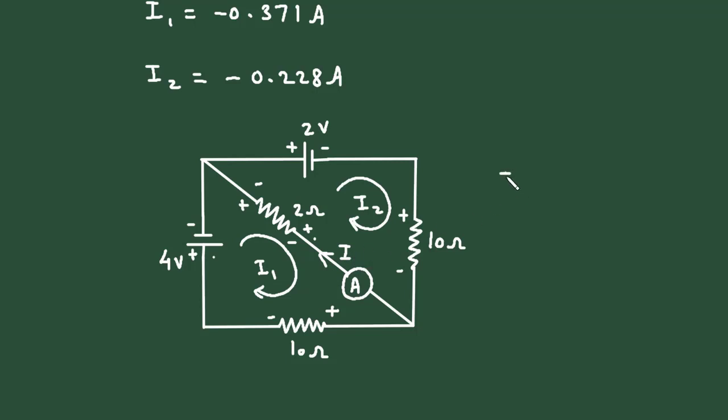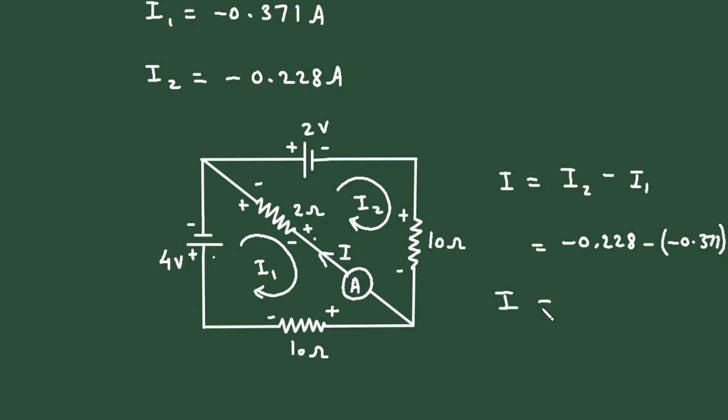Let's say this current is current I. So we can write I is equal to I2 minus I1, because the direction of this I2 is the same. The value of I2 is minus 0.228, then minus the value of I1, which is minus 0.371.